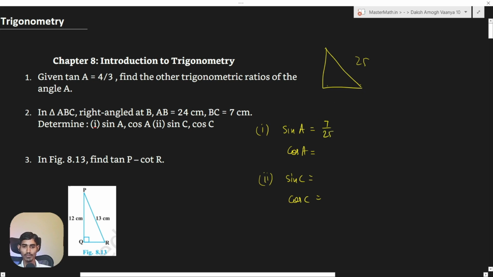Cos A is AB upon AC, which is 24 upon 25. Sine C is AB upon AC, which is 24 upon 25. And cos C is BC upon AC, which is 7 upon 25. Okay, that's neat.